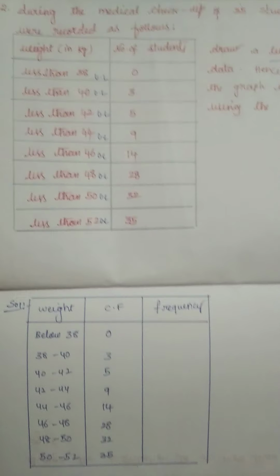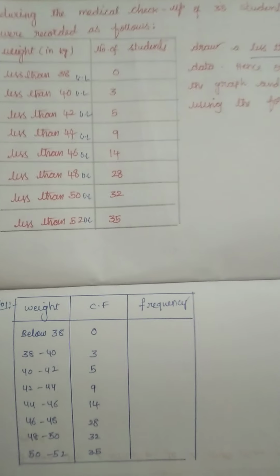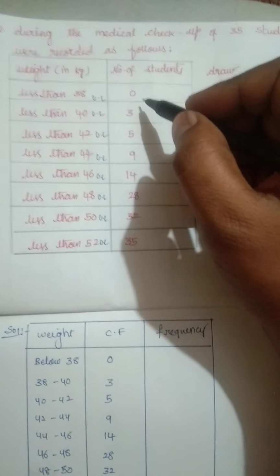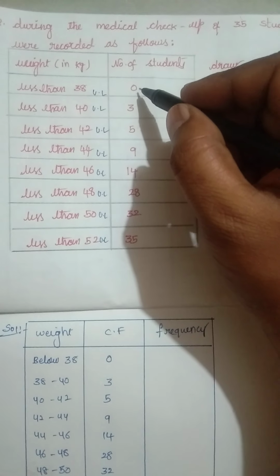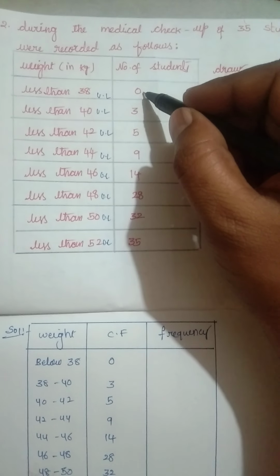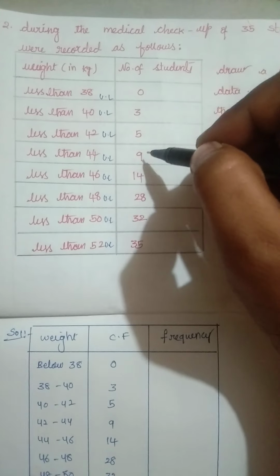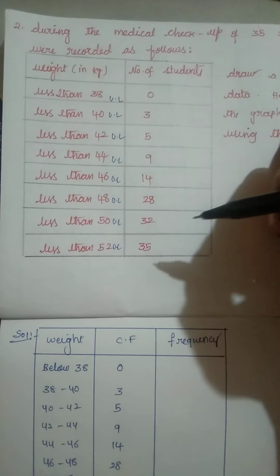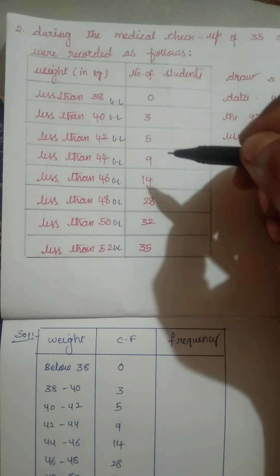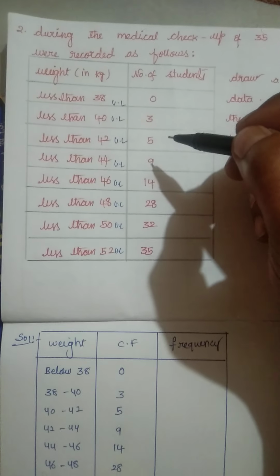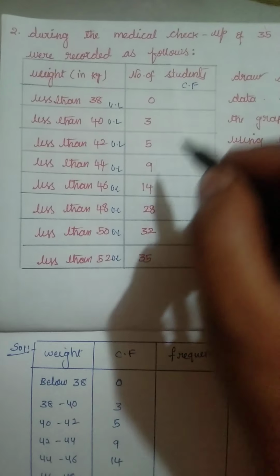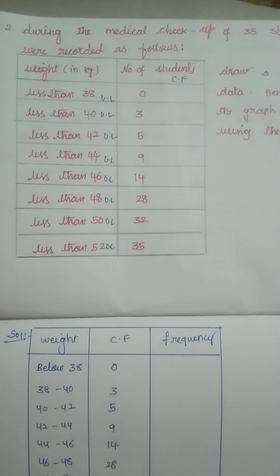And also if you observe the frequency, it is less than cumulative frequency only, right? So LCF only: 0, 3, 5, 9, 14, 28, 32, 35. So these are our cumulative frequencies and these are our upper limits.